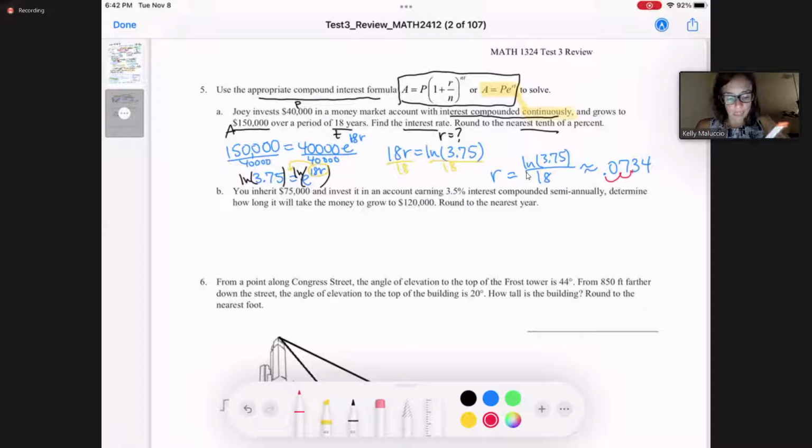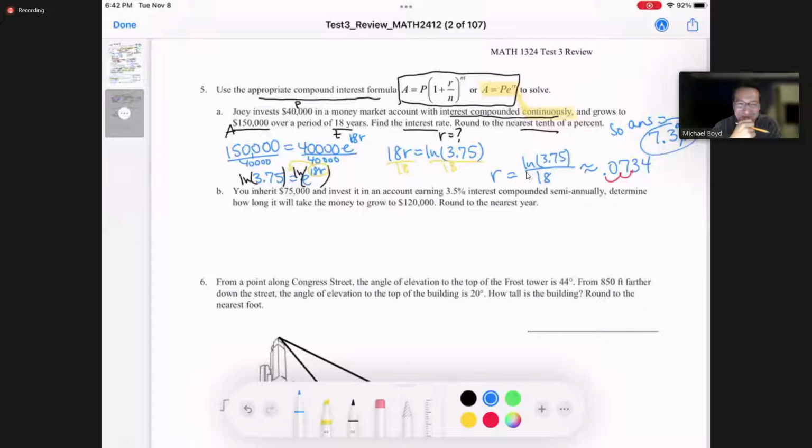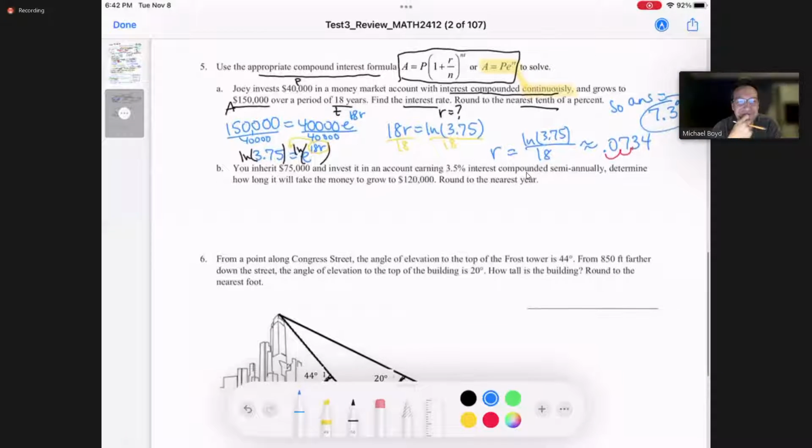So my answer equals 7.3, and this 4 means I don't round it up. So it's just 7.3%, which, man, that's like mortgage rates at this point for houses. No, I mean, instead of interest rates for savings accounts. But hey, welcome to the future, right? No, I'm just kidding.